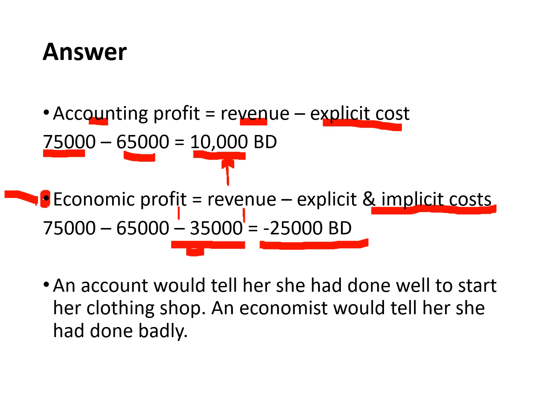So if she's getting a negative economic profit, an economist would say, you haven't made the best decision for yourself. You could have made more money working for Babco than running your shop. Okay, running your shop, you made 10,000 BD. Working for Babco, you could have made 35,000 BD. So the difference there is minus 25,000. Okay, so it wasn't the best decision for her.